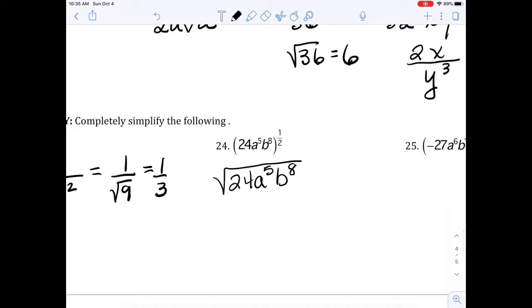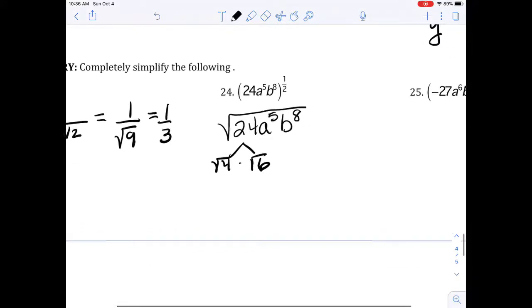Well, now we're back to what we did in objective 1, breaking down. And notice this is the square root, not the cube root. Okay, so that's going to break into 4 and 6. Not 8 and 3. So we're not thinking cube roots. That's the hardest part about this, is making the distinction between square roots and cube roots.